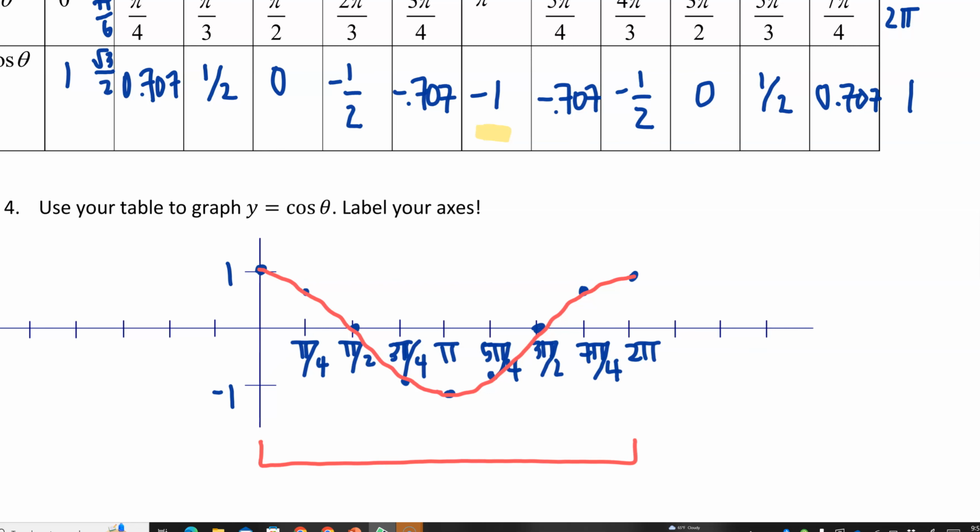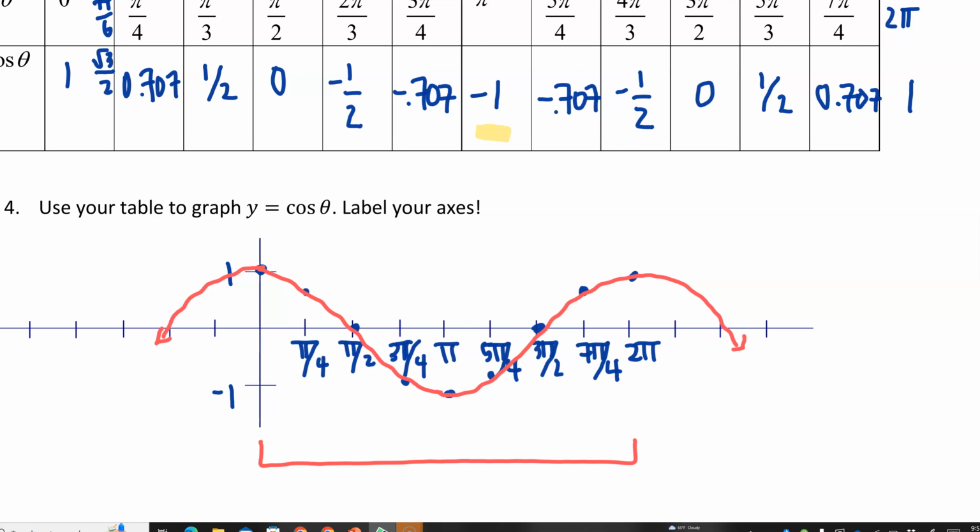So it's going to look like this, over and over and over again. Okay, so let's see if I can, I think it goes right there. So it'll go like that, over again. And we could keep doing it.